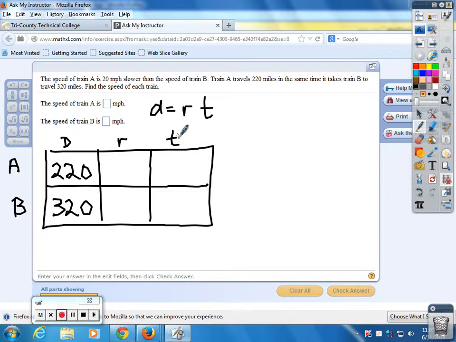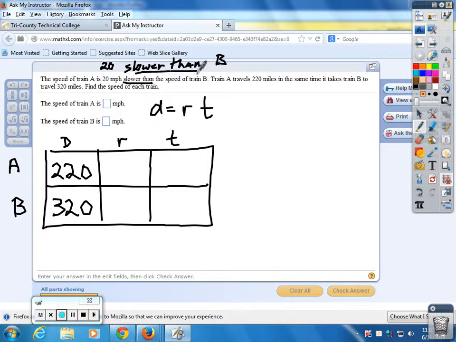All right, now, the speed of train A is 20 miles per hour slower than the speed of train B. So how do we write that? Remember, when you see slower than, that means you're going to put 20 and then slower than B. Okay, 20 miles per hour.